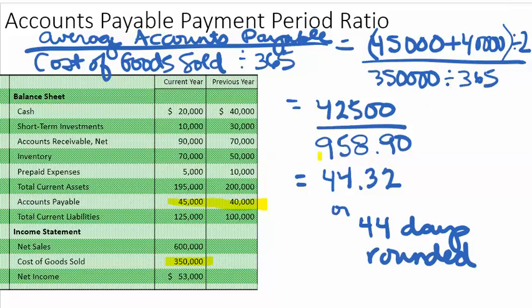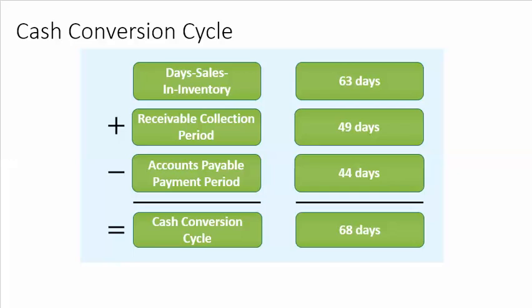So 42.5 divided by 958.9 gives us 44.32, or 44 days rounded. So if we take those last three calculations and we plug them in, you get 63 days, day sales and inventory, 49 days for receivable collection period, minus the accounts payable payment period of 44. The cash conversion cycle for this particular company is 68 days.